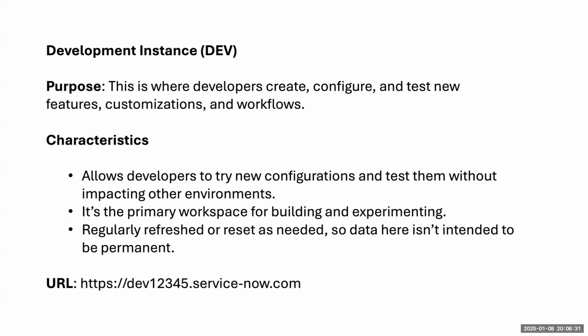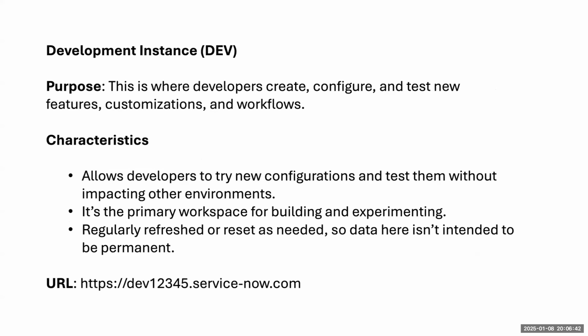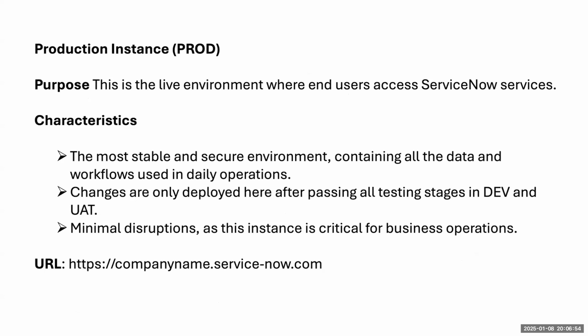For example, when you move from the developer instance to UAT, which is user acceptance testing, if there are any changes, this is informed to the developer team, who will make changes and push it back to UAT. The UAT team will test it again. Once done, they will approve it and this will be pushed to the final production environment.